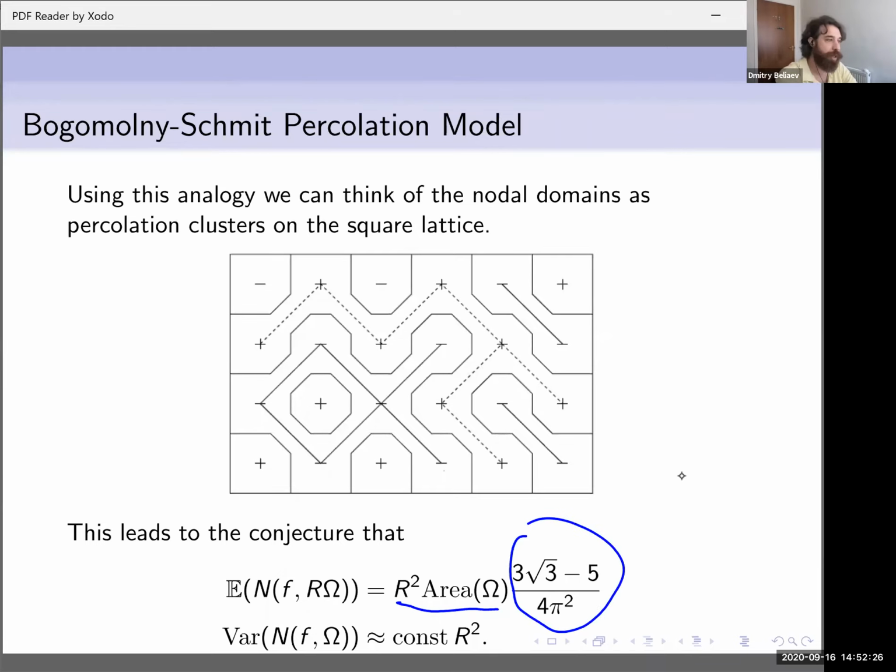And if you are interested in the variance, then what the constant is is a tricky question, but at least the order is quite easy to compute, and it's also R squared. So if you believe in this argument, it means that the number of domains scales as area, which is a very natural thing, but also the variance scales as area, which means that the number of domains is well concentrated. So the variance is of a small order.